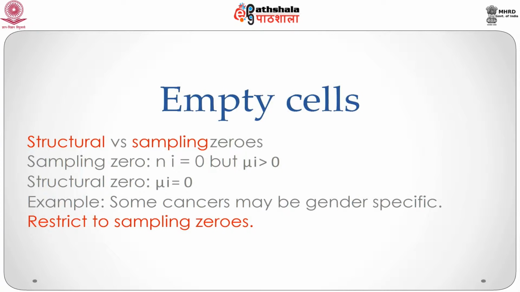A different kind of zero occurs if the corresponding mu i is equal to 0, and this is called a structural zero. This can occur in some situations where, by the nature of the data, certain cells are bound to have structurally zero counts. Say, for example, we are looking at a cross classification of cancer patients by their gender, race, and type of cancer.